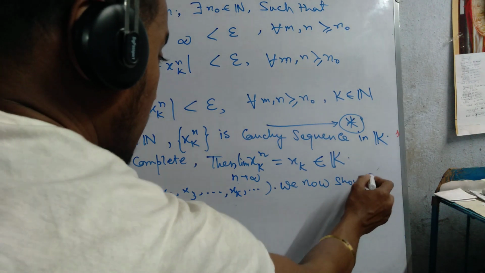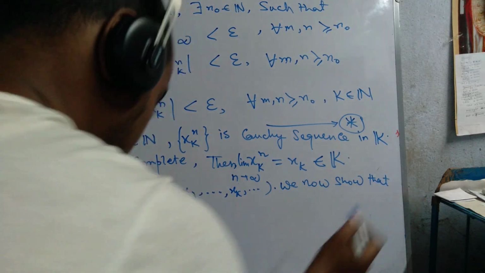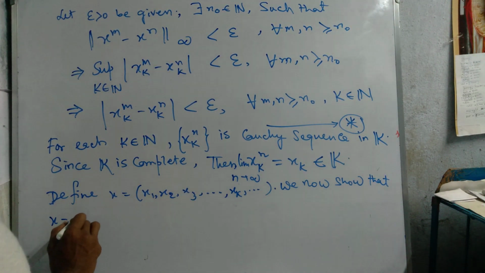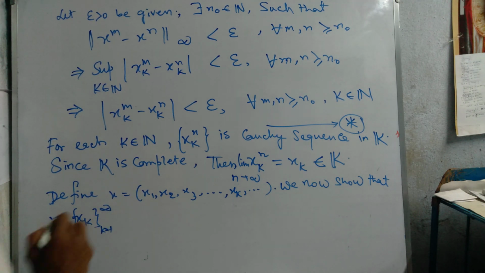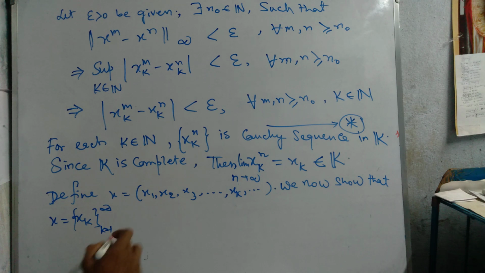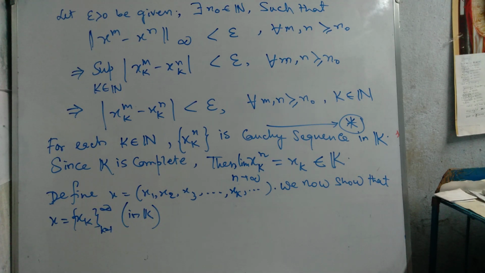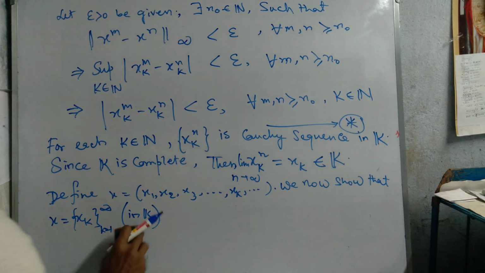We now show that x equals (xk), where k equals 1 to infinity. In K, that means xk is in K, not x is in K.